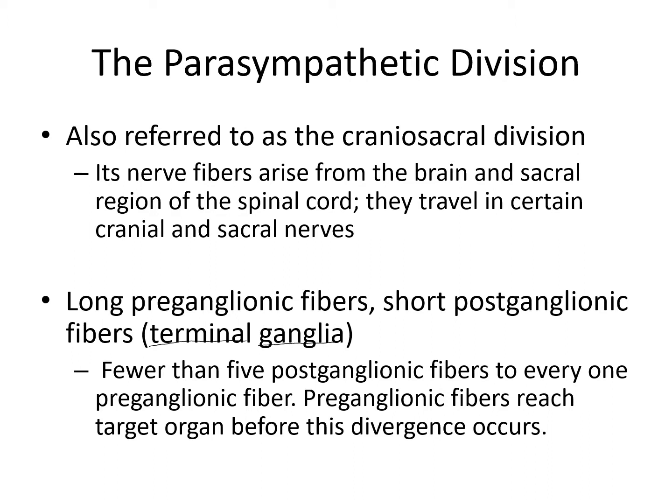So your preganglionic fibers reach their target organ before divergence occurs, and you're going to see much more localized effects within the parasympathetic division, which makes sense, especially if you think about the all-encompassing feeling of a stressful situation. You're going to have more widespread effects with your sympathetic than with your parasympathetic.